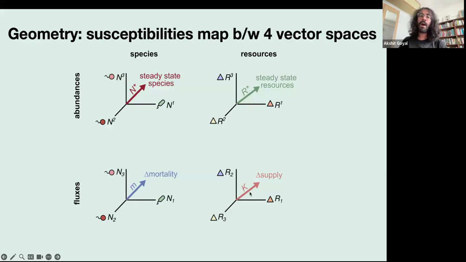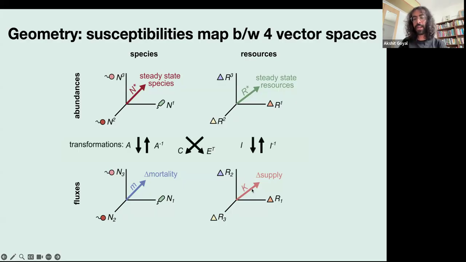And what our linear algebra is telling us is that if you want to predict how species abundances will change if you make a change to the supply, you have to ask yourself how you would transform this vector from the space in which it lives to a vector that lives in this space. The key idea is that these susceptibility matrices that I was talking about in the previous slide are just doing the job of transformations. I've drawn out this network here.